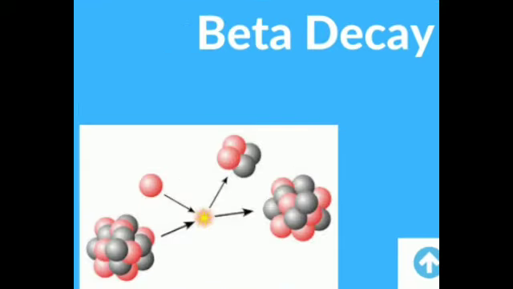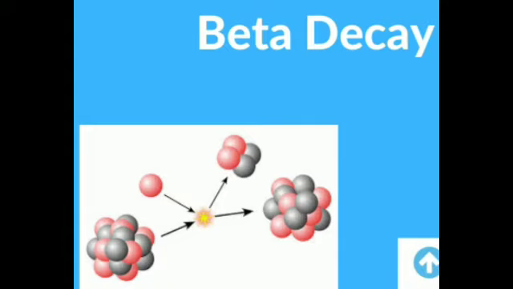Next, beta decay. In beta decay, a radioactive nucleus emits either an electron or a positron. If an electron is emitted, it is called beta minus decay, and if a positron is emitted, it is called beta plus decay. The positron is the antiparticle of the electron, whose mass is the same as that of the electron and whose charge is opposite to the electron, that is plus e.